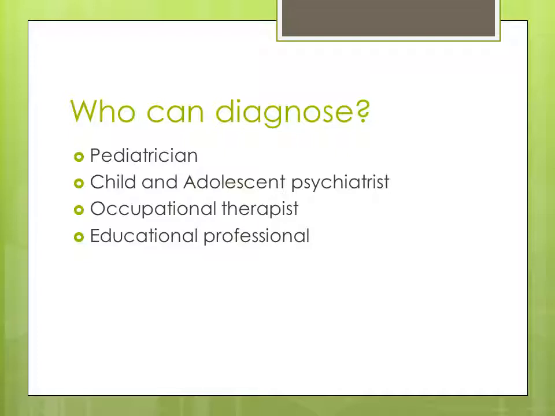A pediatrician, child and adolescent psychiatrists, occupational therapists, and educational professionals. These are all dependent on what characteristics the students show and then can be tested by those who are qualified and knowledgeable to diagnose.